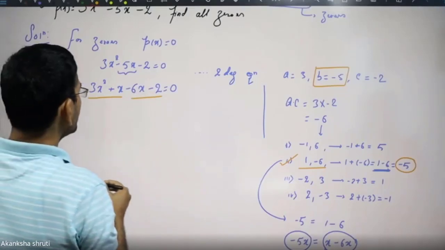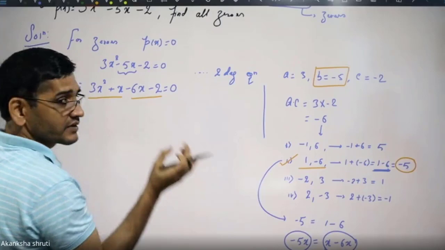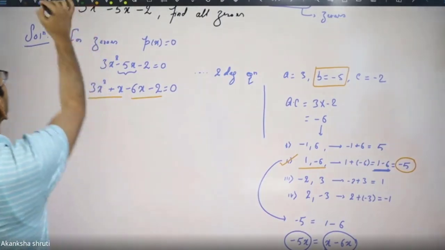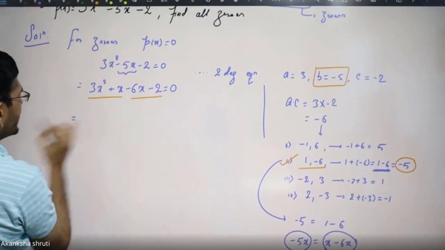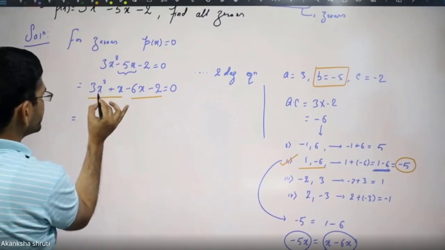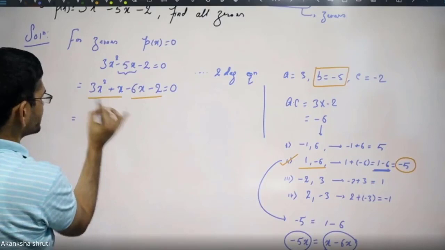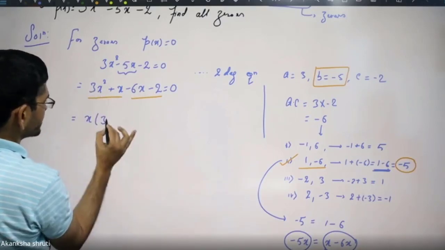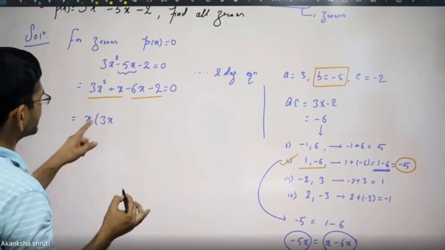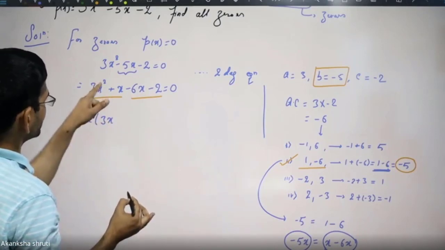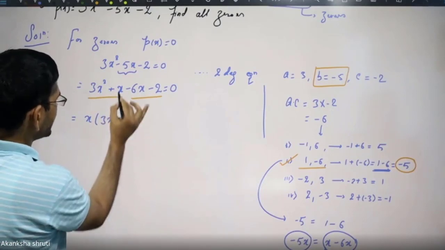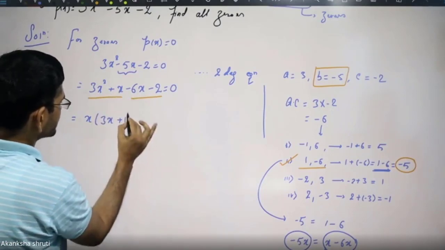Now while taking the common, the bracket should be the same. So let us apply that. Here we observe x is common from the first two, so x can be taken out. What is left is 3, and one of these x will be here, because x into x gives x square. Next, the plus symbol is there, x is already taken out, so 1 is there.